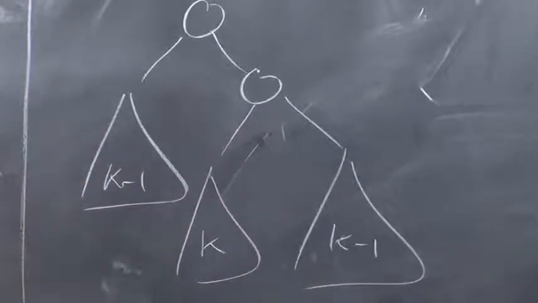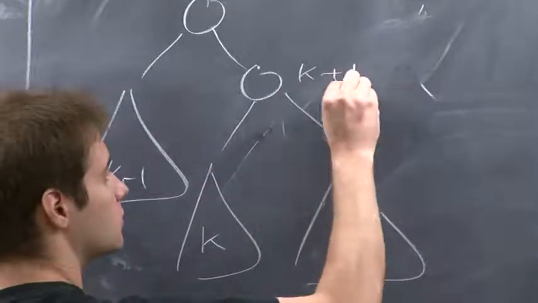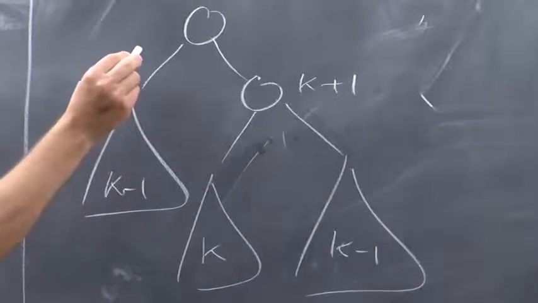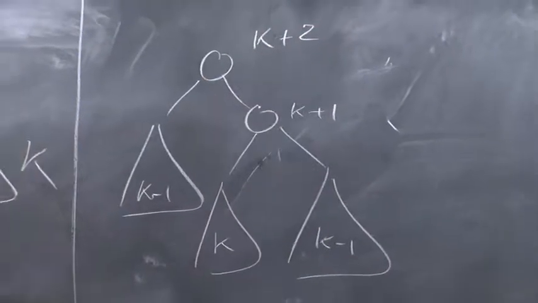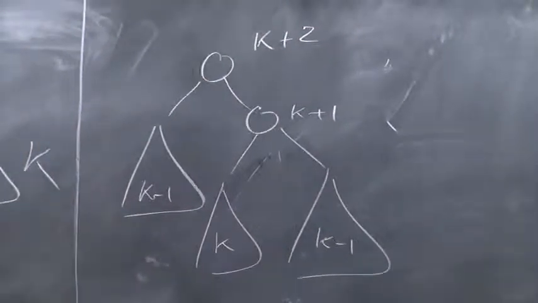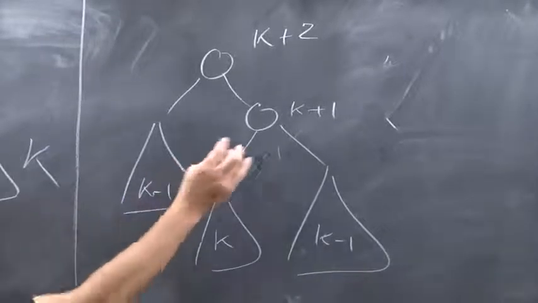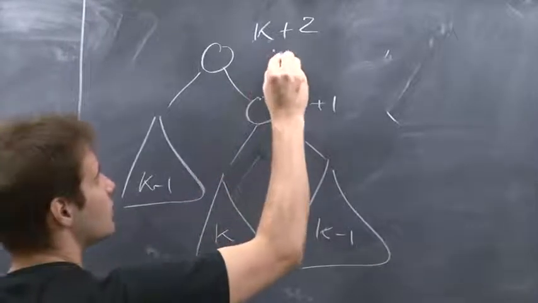K plus 1. What's the height here? K plus 2. Okay, AVL or not AVL? K minus 1 on the left child, K plus 1 on the right child. The difference is more than 1, not an AVL.